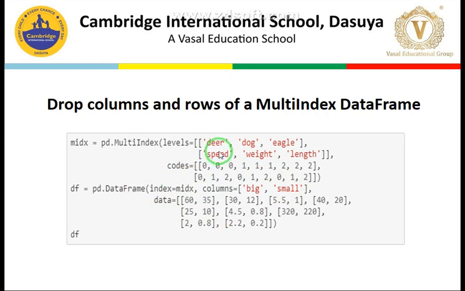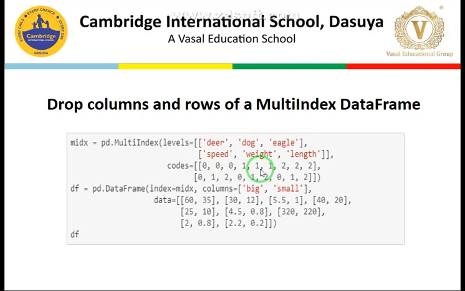In the level 2 index we find deer and its corresponding speed, deer and its corresponding weight, deer and its corresponding length. Similarly, the same parameters for dog: its speed, weight and length. And similarly for eagle. So this is level number one, and this is level number two. These are the codes. 000 is the code for deer. Clear?